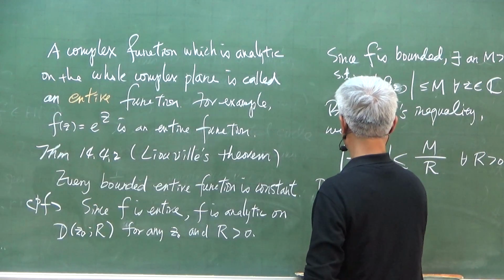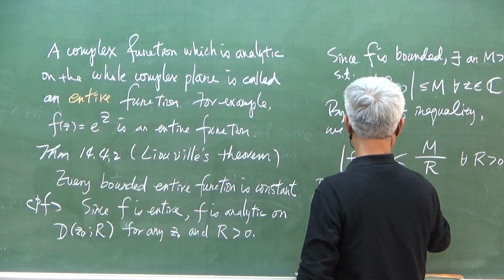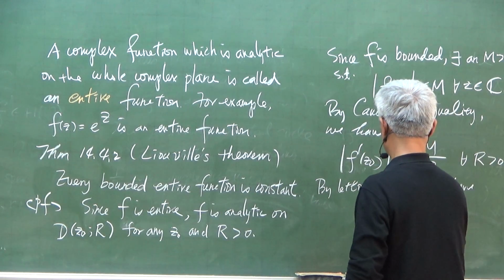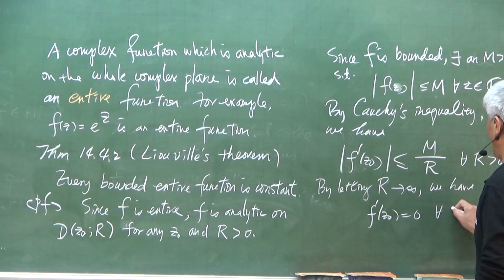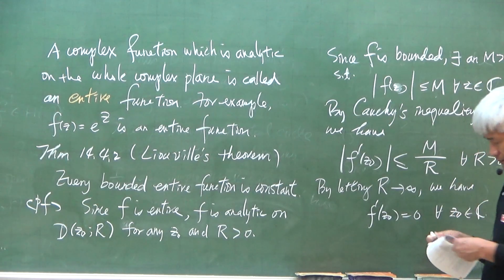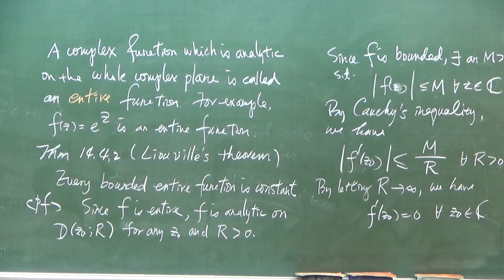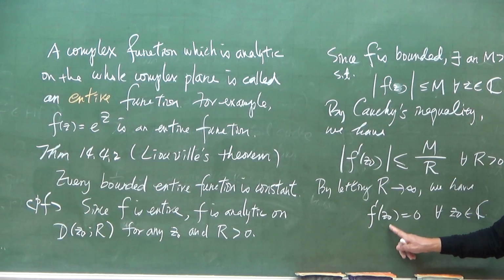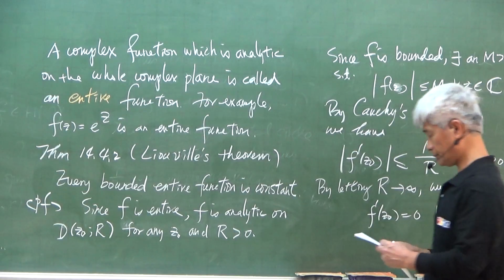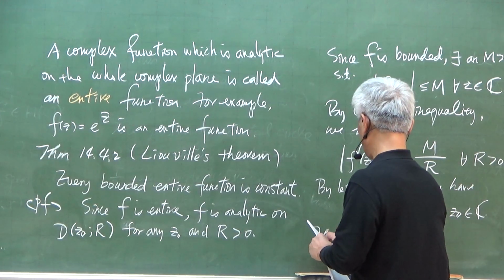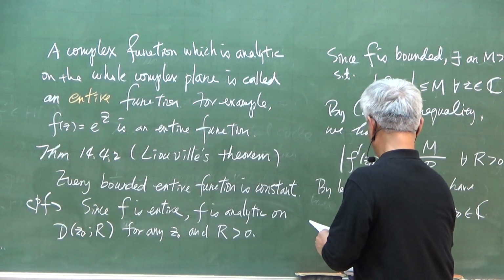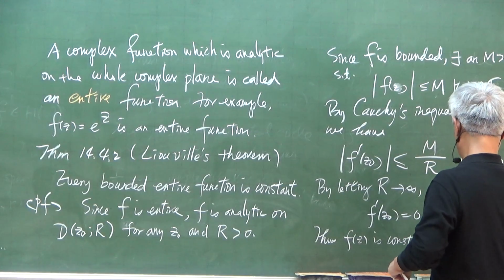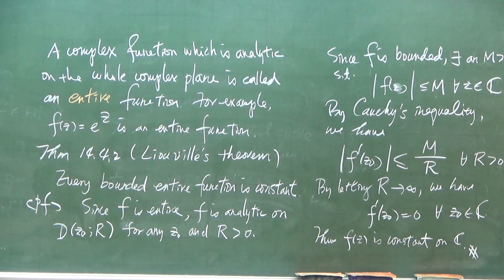So now, by letting r go to infinity, we have f'(z0) is 0 for all z0 in the complex plane. So immediately we have this result. The derivative is 0, so of course f(z) is constant. So it's constant on C. That's quite simple. You see that?